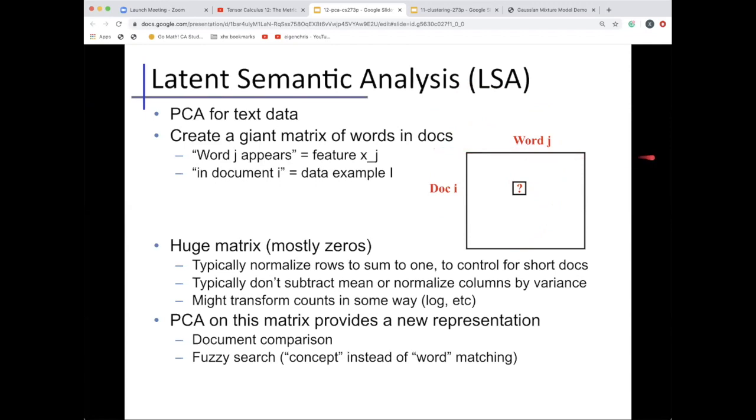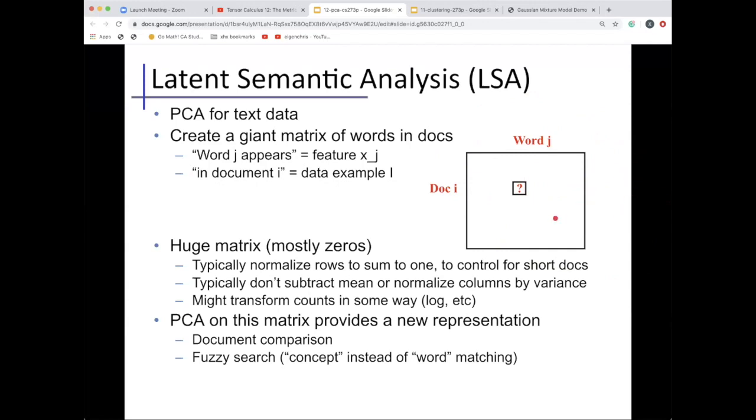So that would be a very large matrix. Also, this matrix in general is very sparse, because for each document only a subset of words appear, and the rest of them all have 0 entries. So as a result, this is a very large matrix and also a very sparse matrix.